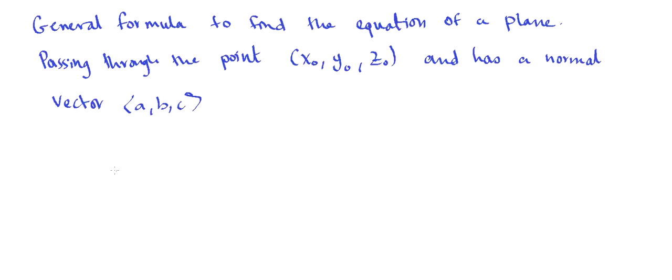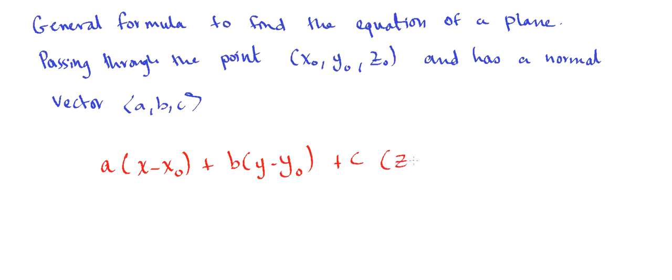So the general formula is going to be a times x minus x0 plus b times y minus y0 plus c times z minus z0 is equal to 0.